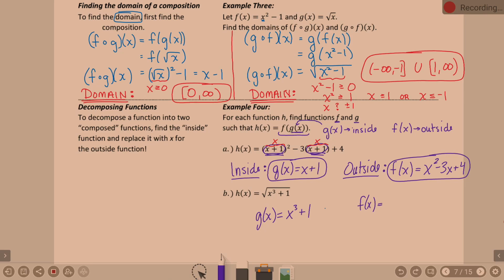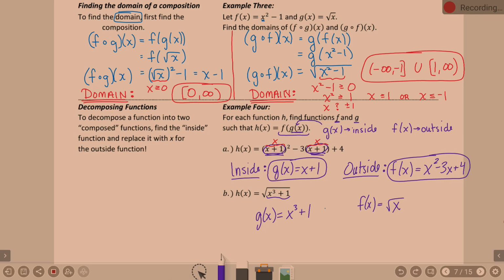I can agree that our inside is x cubed plus 1. Now, if we go this route and we use x cubed plus 1 as our inside, what does that make? What did we plug it into? Okay. So if you go that route, the idea is that x cubed plus 1 comes out, and that was put in place of an x.